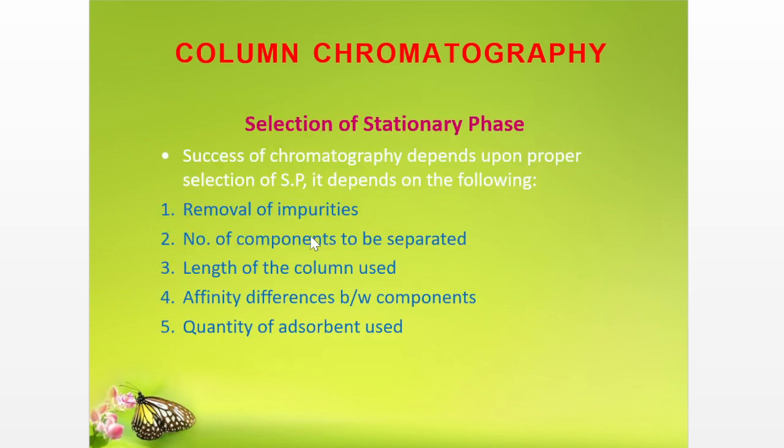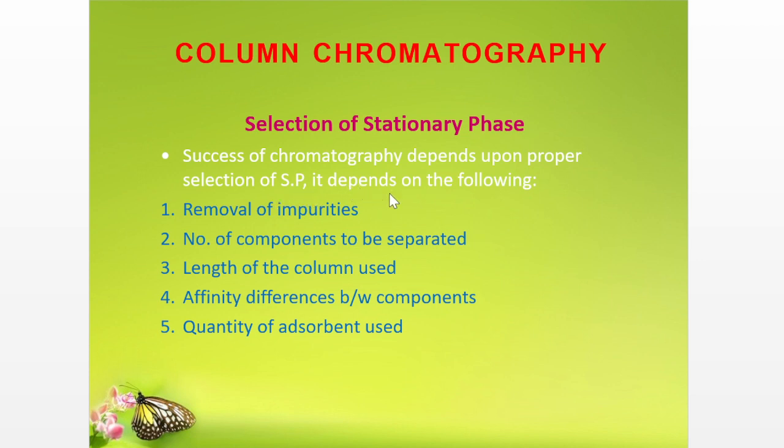Selection of the stationary phase. The success of chromatography depends upon the proper selection of the stationary phase. If we measure how successful our technique is, it depends upon the proper selection of the stationary phase.